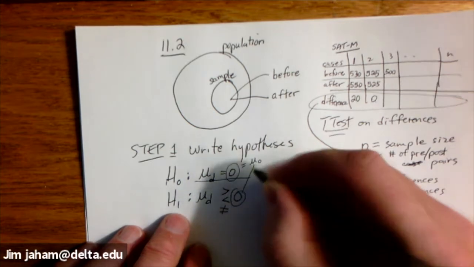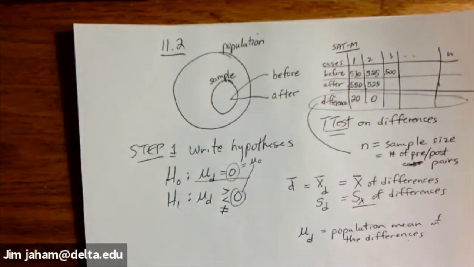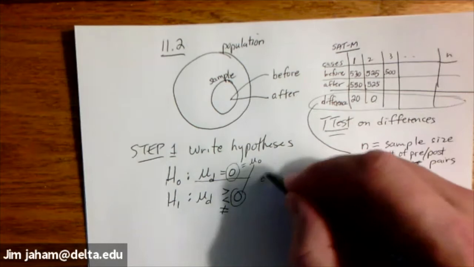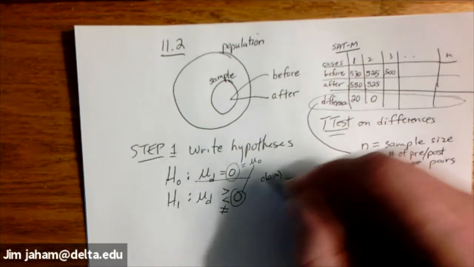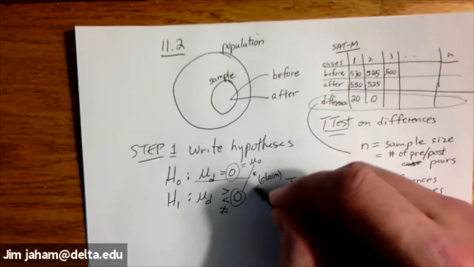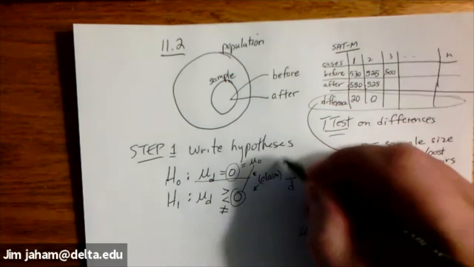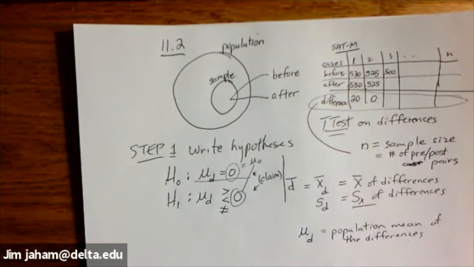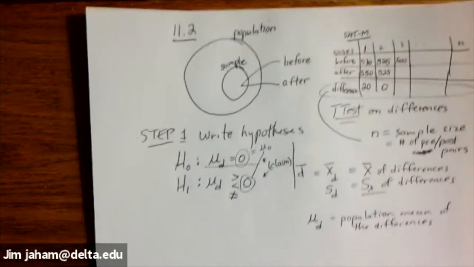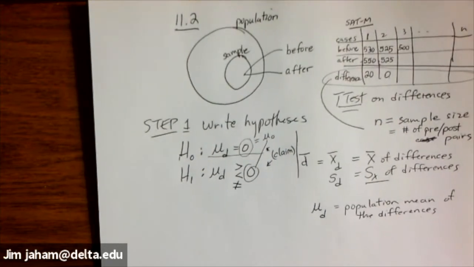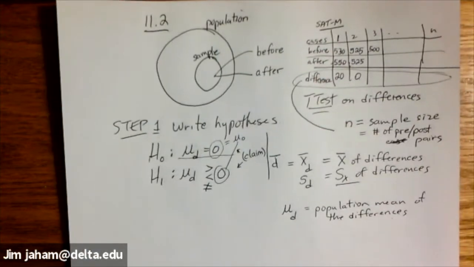And the mu 0 value will also be in that alternative hypothesis. The claim usually is the alternative hypothesis, but not always. So it can go either place. And that's how we write the hypotheses in section 11.2.